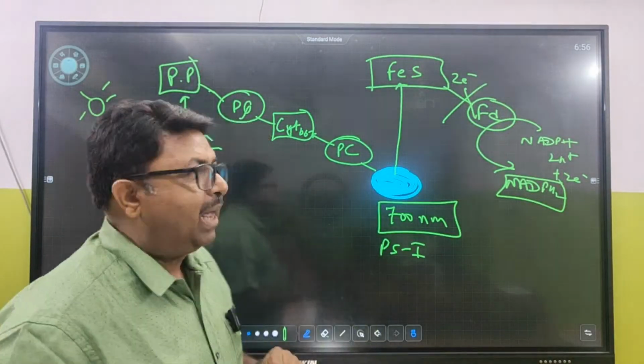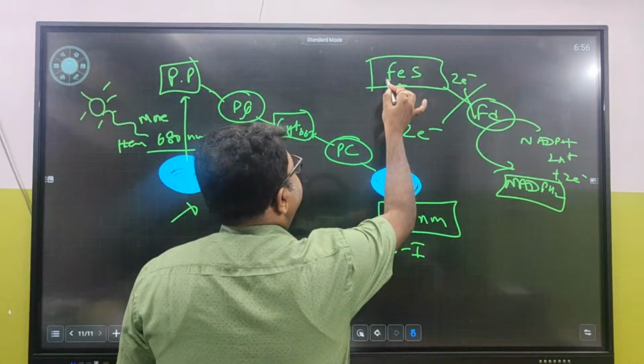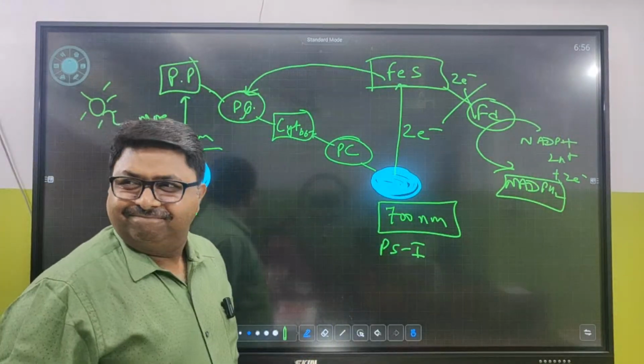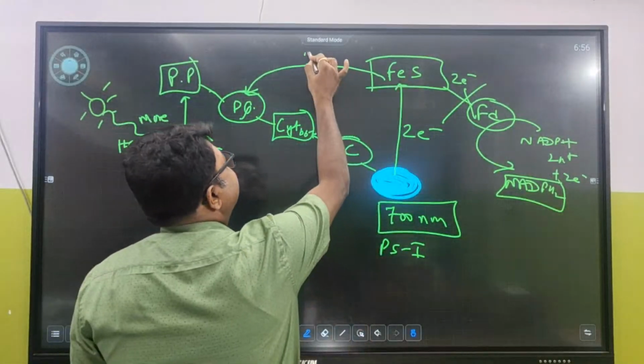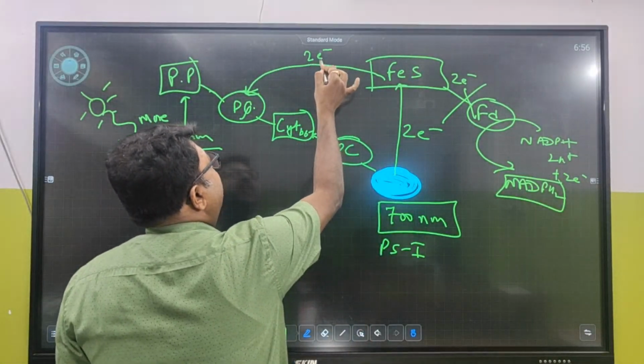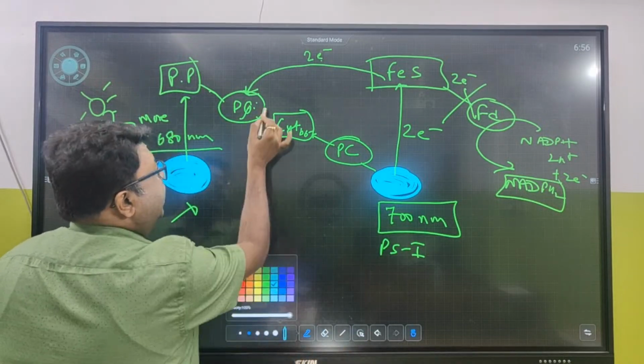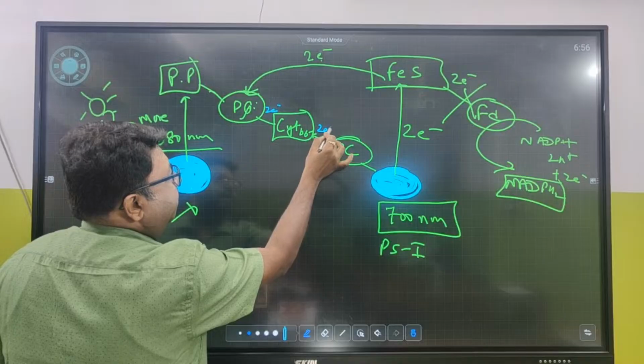So during cyclic, what happens? This electron goes back over here to the PQ. This FES gives back the electron to PQ, and PQ again starts forming. The moment PQ gets electron, PQ is happy.